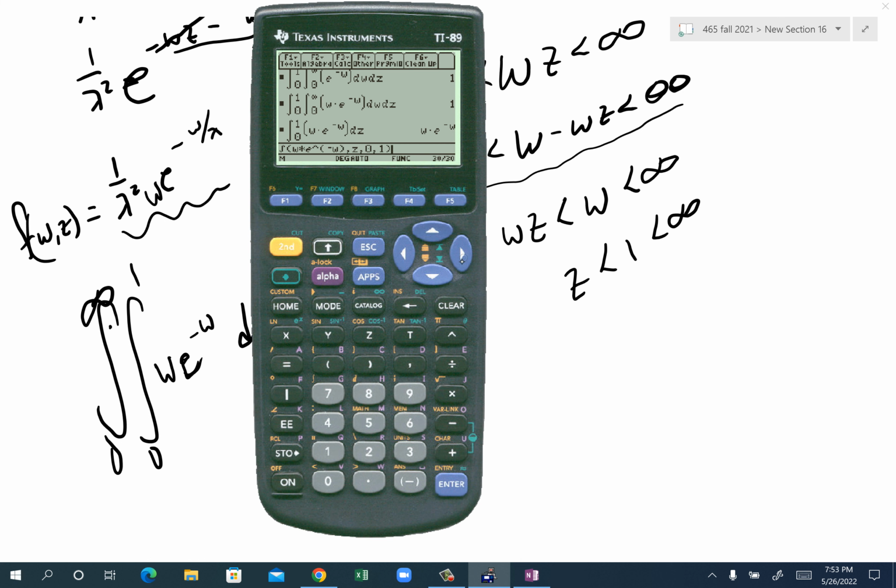Then I'm interested now: what's the marginal of Z? I don't know. Let's find out. It's 1. Wait a minute.